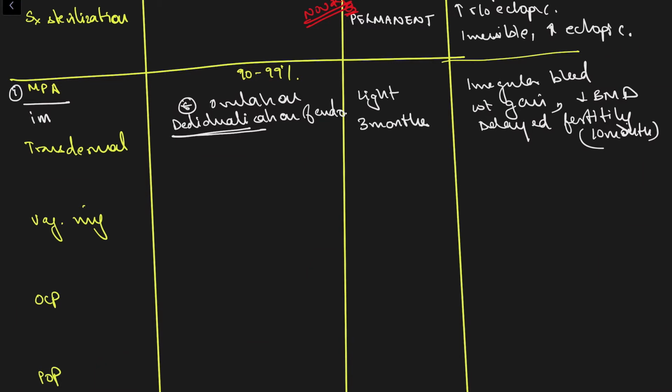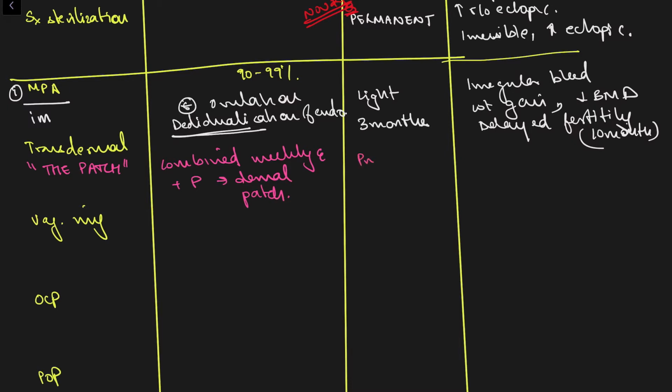Right. Next is transdermal patch. It is also known as the patch. Right. So it is a combined weekly estrogen and progesterone in the form of a dermal patch. Okay, what are the advantages?